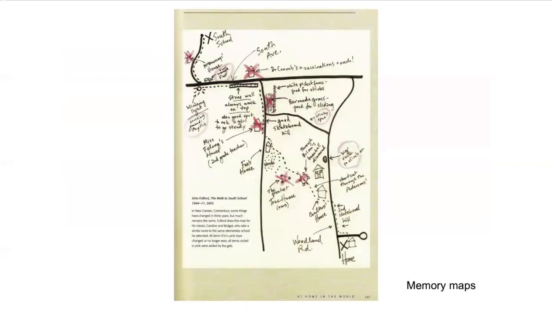Here's something called a memory map. The artist here drew a map of their walk to school and all the interesting things they passed each day, like the second skateboard hill and the white picket fence, which was good for sticks, and the stone wall, always walk on top.